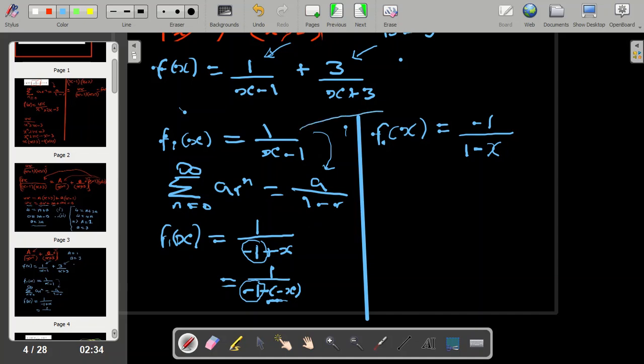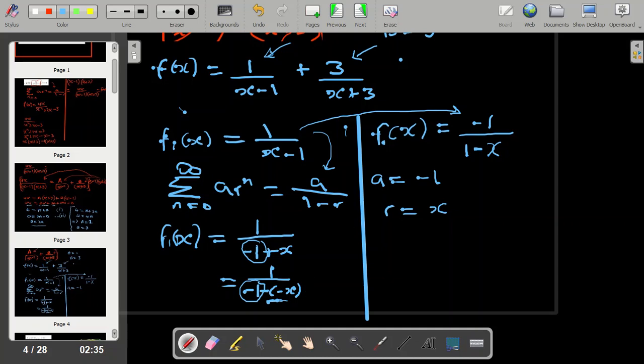So we can identify that our a value is equal to negative 1, and then our r will be equal to x. So we can now write our geometric power series for the f1 function.